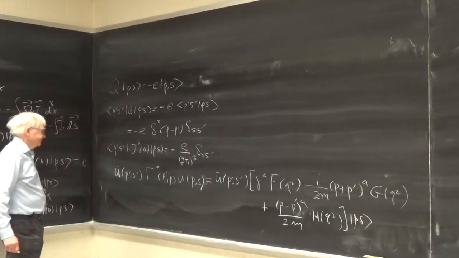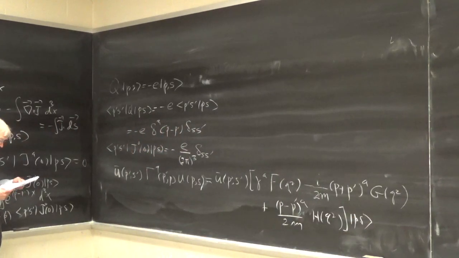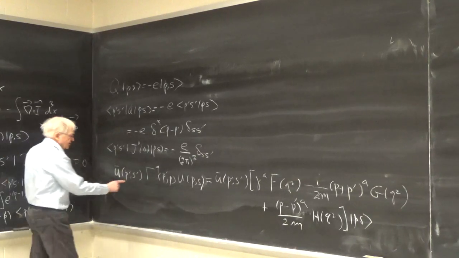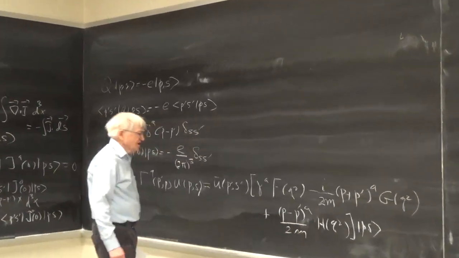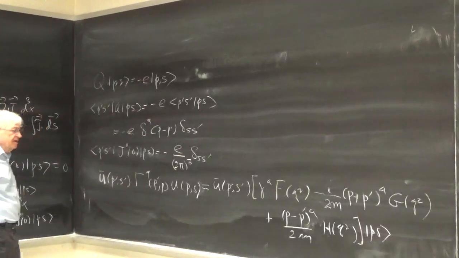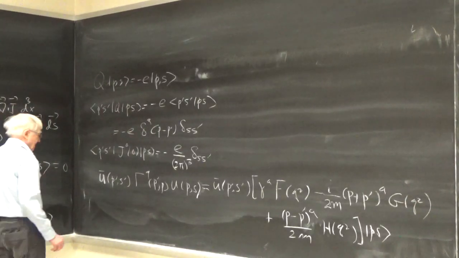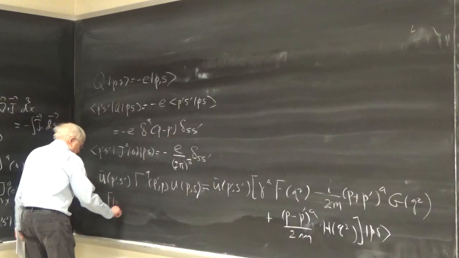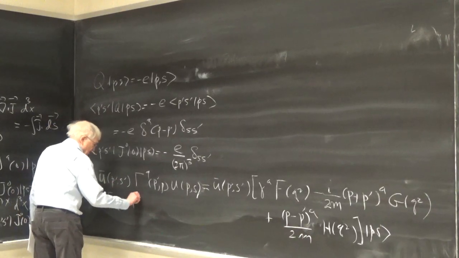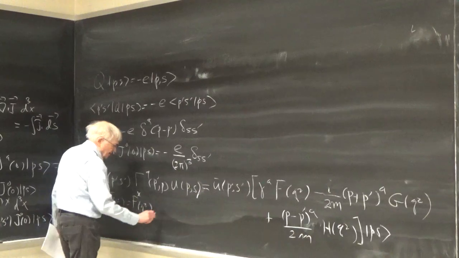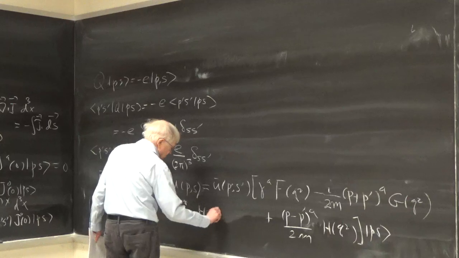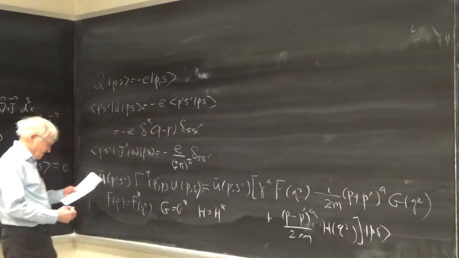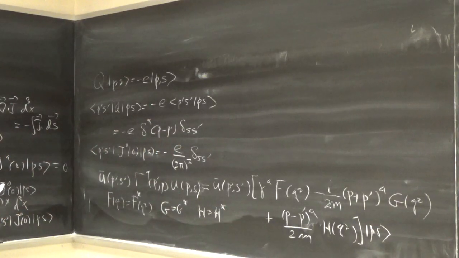Okay, well, the current is Hermitian, and so if you take the complex conjugate of this matrix element, what you can show is that f of q squared is equal to f star of q squared. Same thing, g is g star, h is h star. So these three things are real.